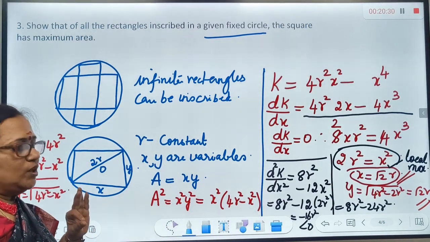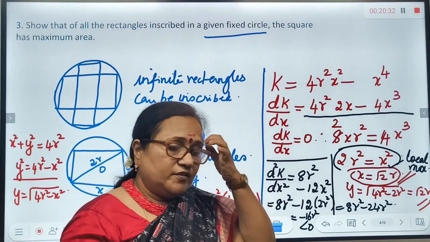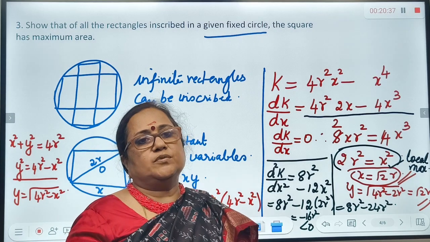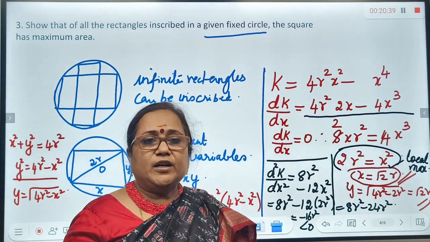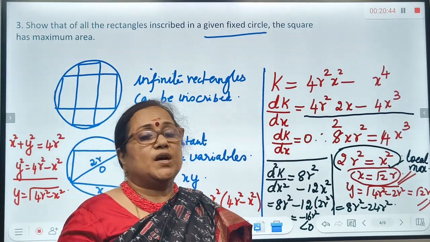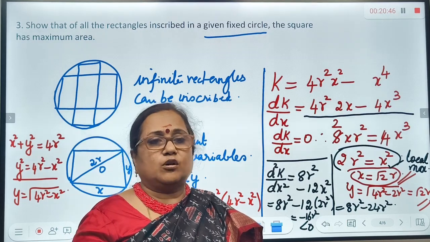Please go through. I have done only 3 problems today because we are just starting with word problems. So just go through these 3 problems and then we will do plenty of word problems based on maxima and minima until you become very confident and thorough with the concepts.